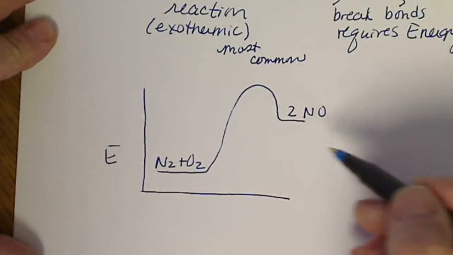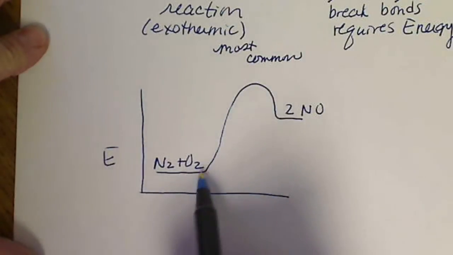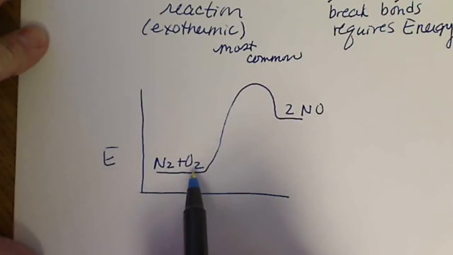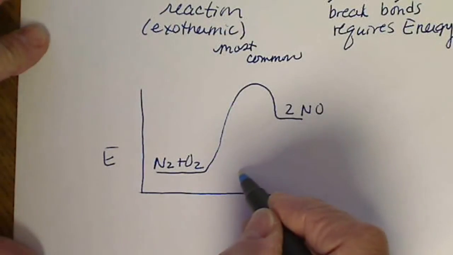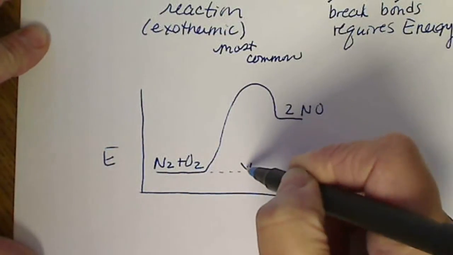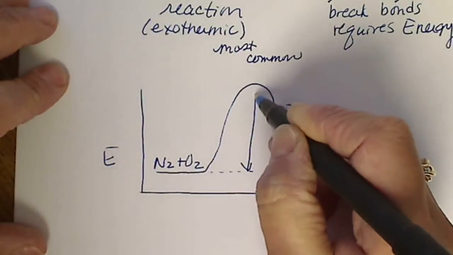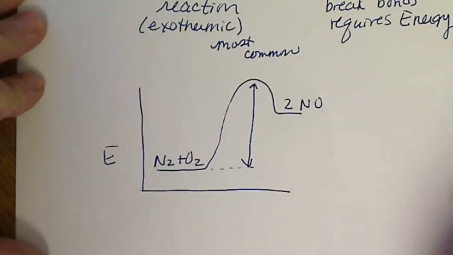So this reaction is probably not likely to take place, which makes sense if we think about this being our atmosphere. Nitrogen and oxygen don't combine and make NO. But again, we'll look at the activation energy. It's the energy difference from the reactants to the top of this barrier.